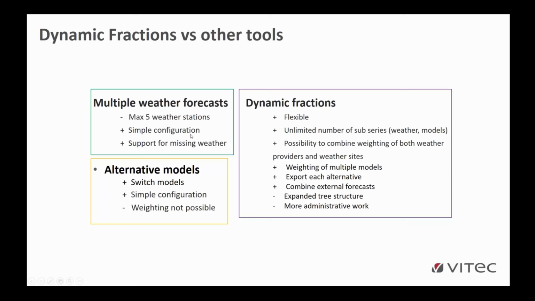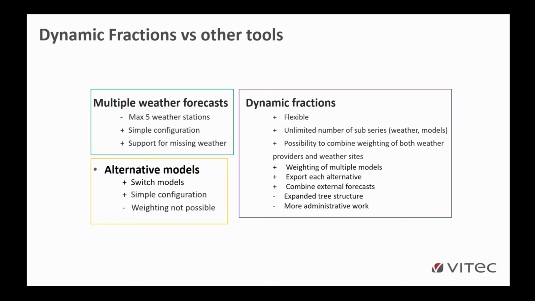It's what we set up as standard, so you have the 5 points, but it also limits you to only 5 different weather points or 5 different weather providers. If you want more than that, you can expand your weather points or providers by using dynamic fractions instead.